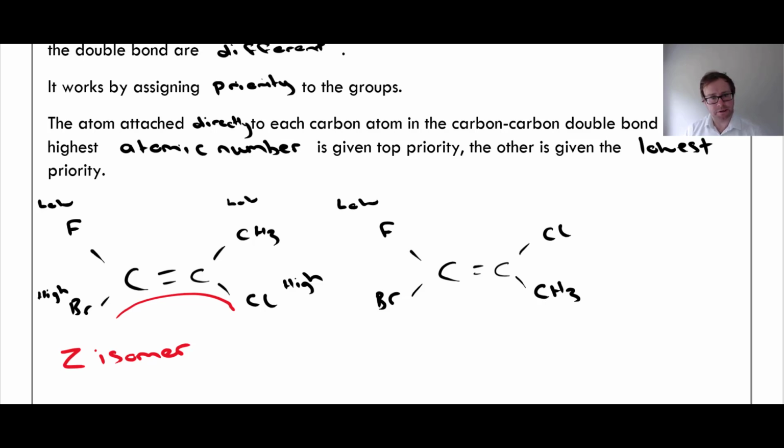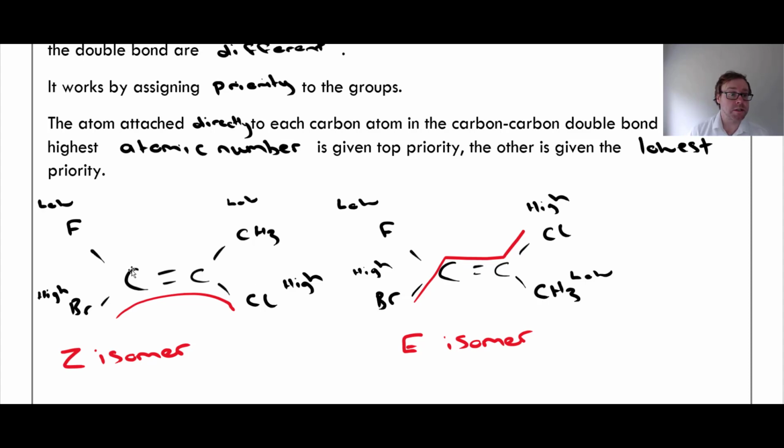So F would be low, this would also be low, this would be high, this would be high, and therefore it would be going through the double bond, which would be the E isomer. So the thing to take away from this is you assign priority on each of the carbons in the double bond, either low or high, to do with their atomic number, whichever has the highest atomic number.